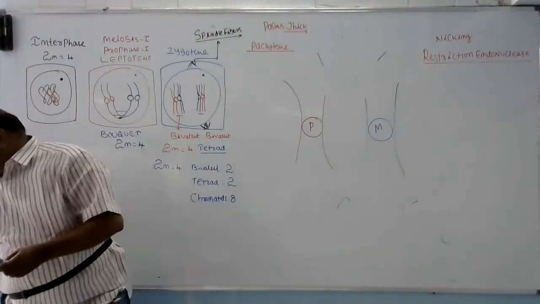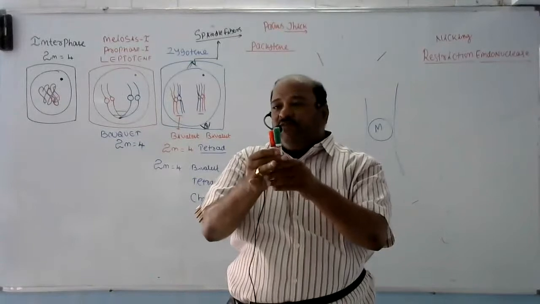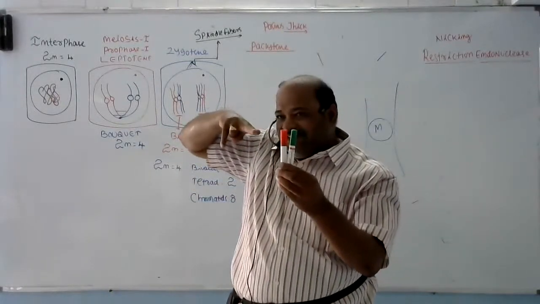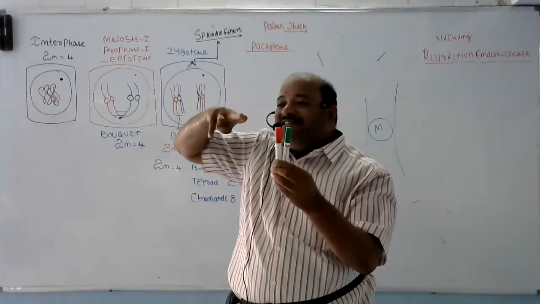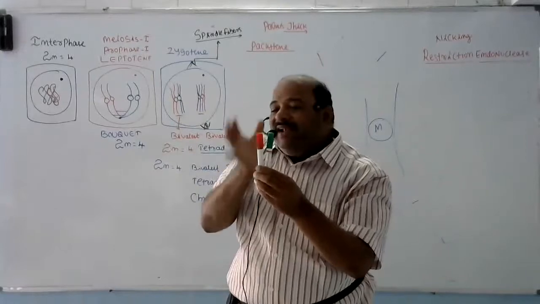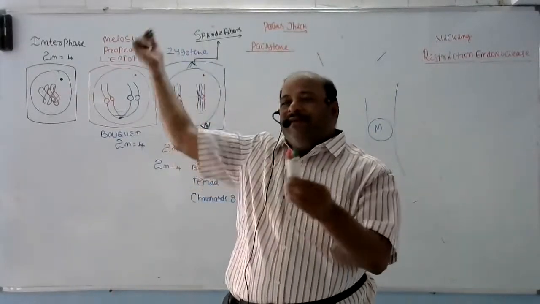Look at here. Exchange. During this exchange, what happened? It should be cut. Now you think so. My fingers are scissors. This is the enzyme, restriction endonuclease enzyme. It nicks the paternal chromosome and maternal chromosome.